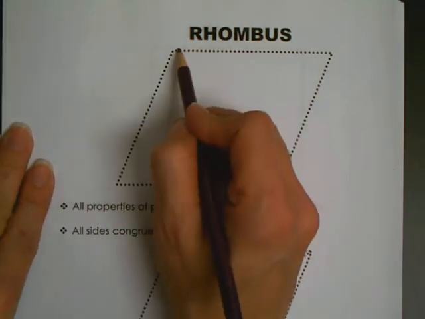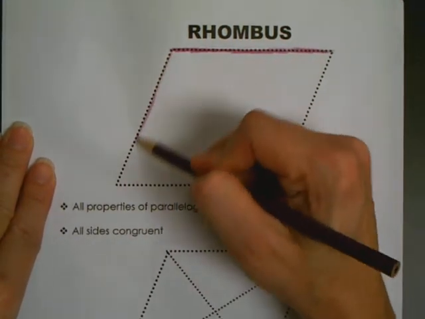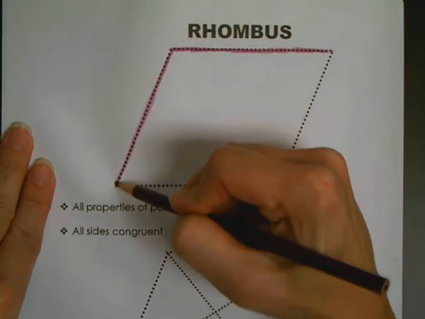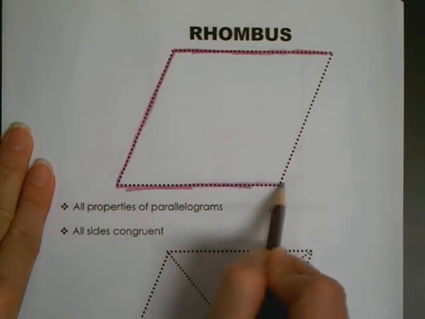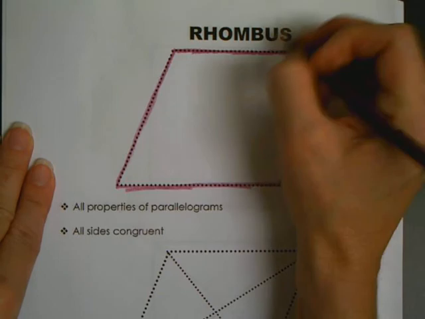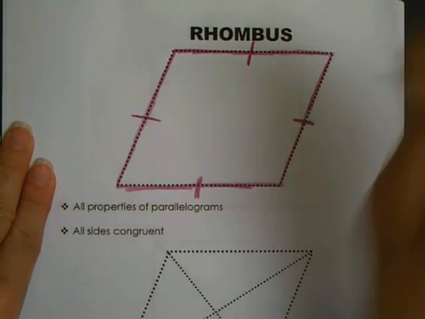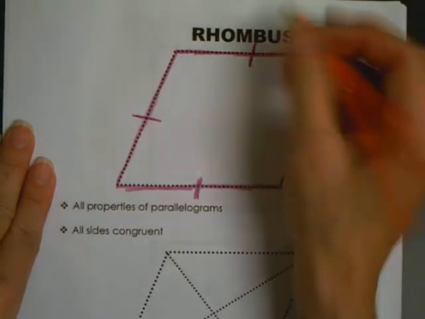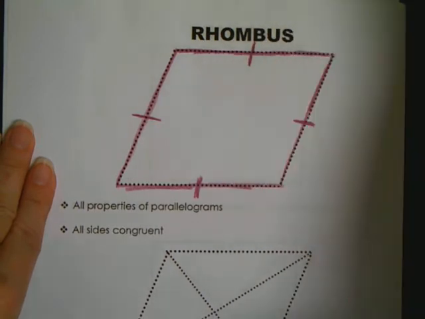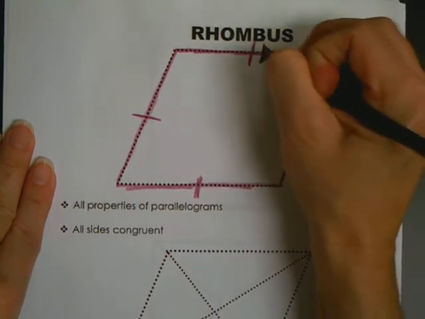So here we've got all sides congruent, like that of a square. All the same length. However, opposite sides are parallel, so I want to use a different color. I'll use black here for these to make that stand out a little bit.